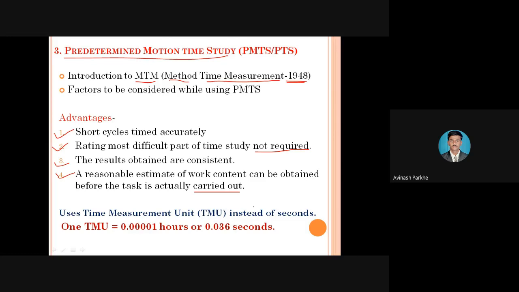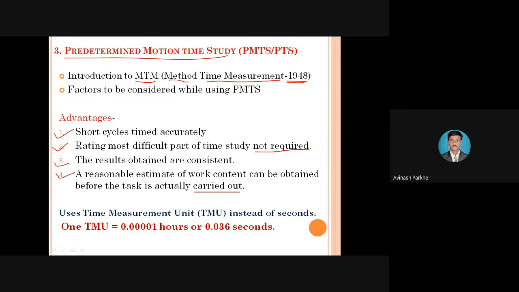The rough value I am giving is not given by the operator or by the worker. That rough value will be decided by the supervisor or the industrial engineer, the person who has vast knowledge about that particular job, that particular task. Only that person can give the rough value.